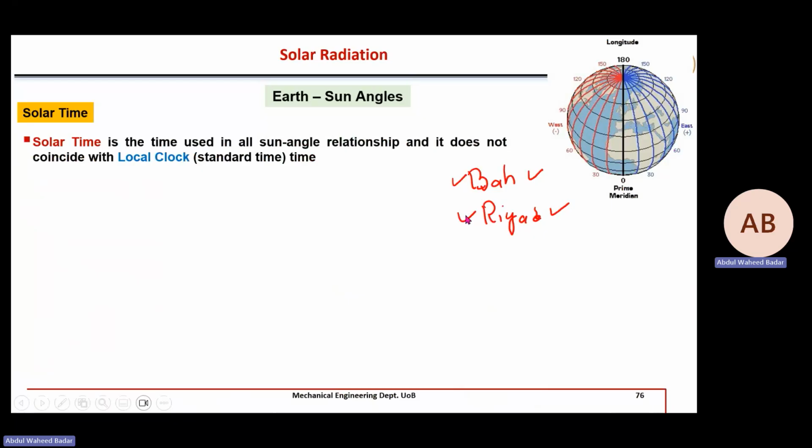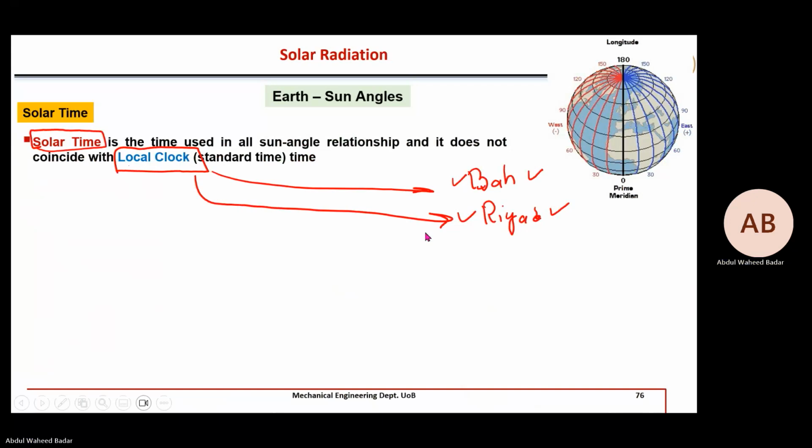So that difference gives you the difference between the local solar time and the local clock time. Both have the same clock time, but both will have a different solar time. The location of the sun will not be the same.